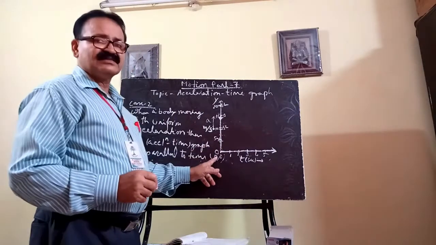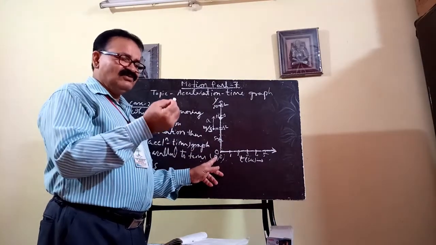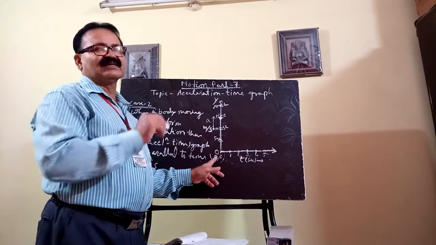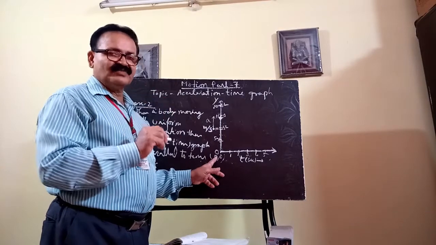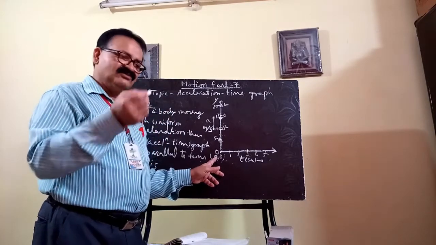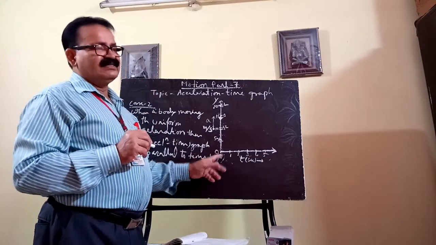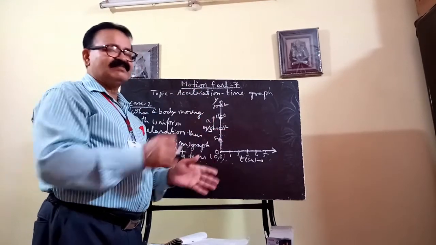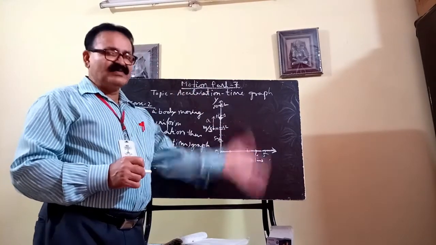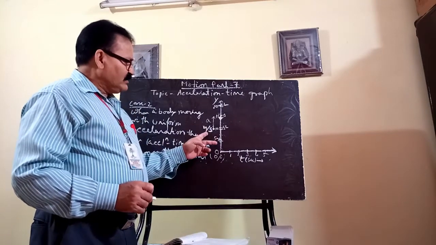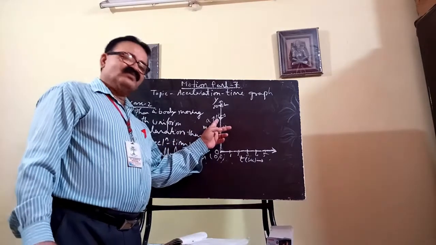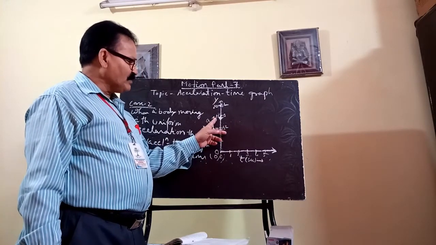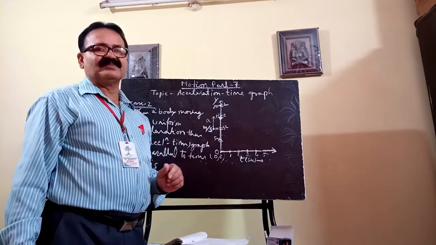Suppose you observe the moving body at 8 am. When you start your observation, the body was already moving with uniform acceleration, so the value of uniform acceleration at 8 am is 15 meter per second square.